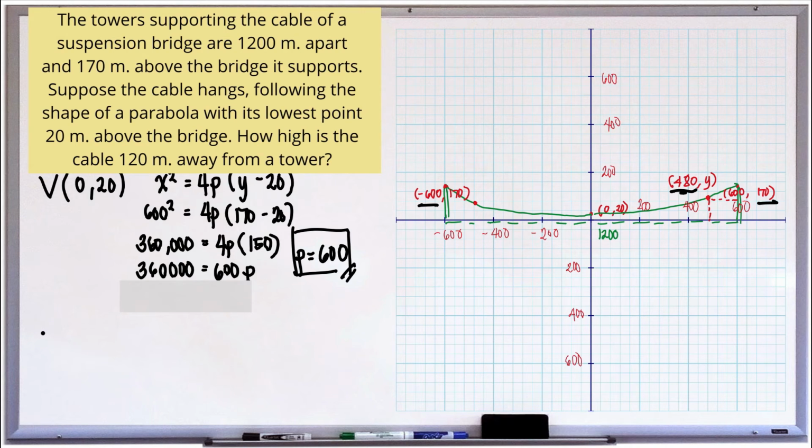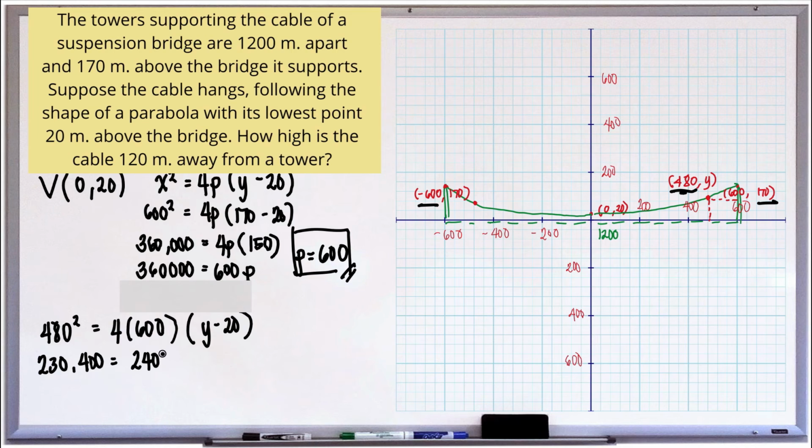Using the same equation, substituting x with 480, we have 480 squared equals, p is 600, so we have 4 times 600 times (y minus 20). 480 squared is 230,400, which is equal to 2,400 times y minus 2,400 times negative 20, which is negative 48,000.